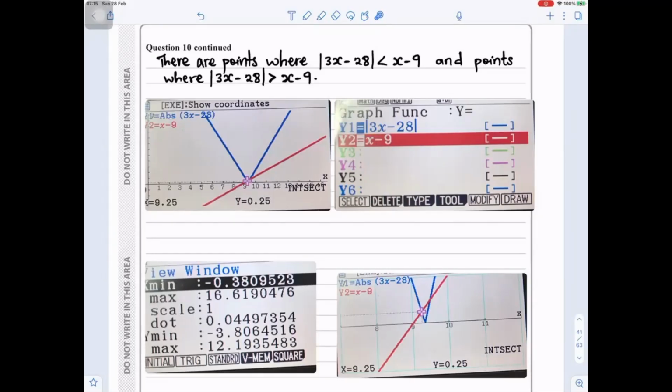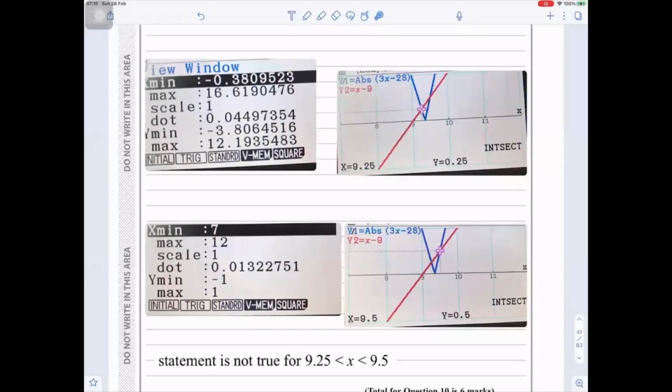That means where the blue graph is below the red line. So that's another part of the graph. So the statement is not true for 9.25 less than x less than 9.5, because on that part it doesn't satisfy the conditions.